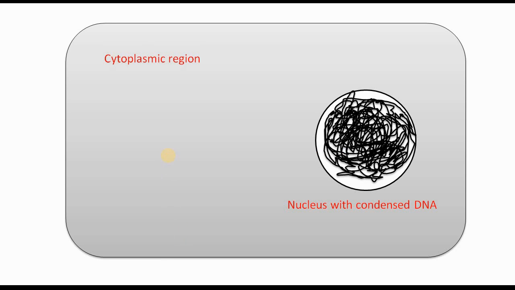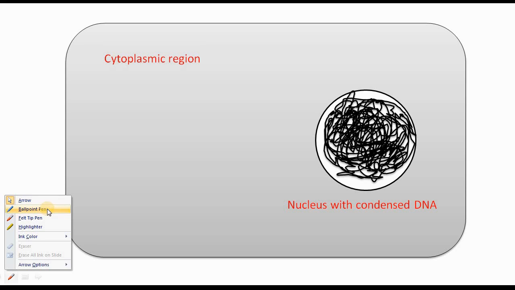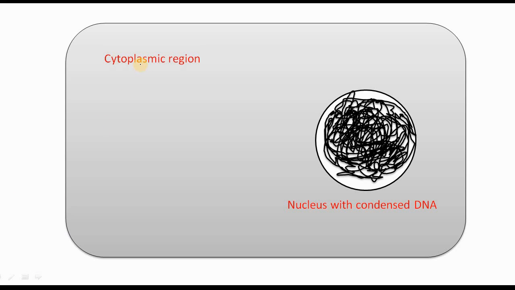Here I am giving the basic representation of an animal cell, which is divided into two main areas. One is called the cytoplasmic region. The cytoplasmic region contains all the cellular compartments, whereas the nucleus is the most prominent region of the cell, because the nucleus contains the genetic material which is said to be the blueprint of life.